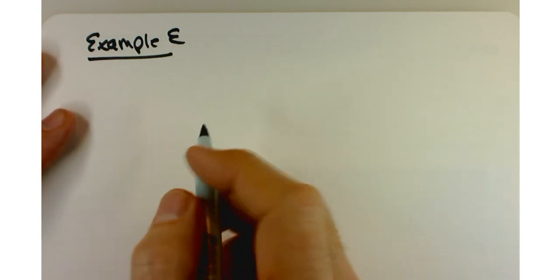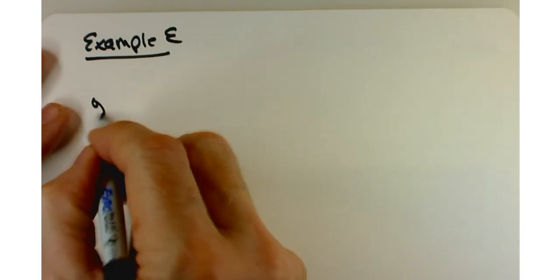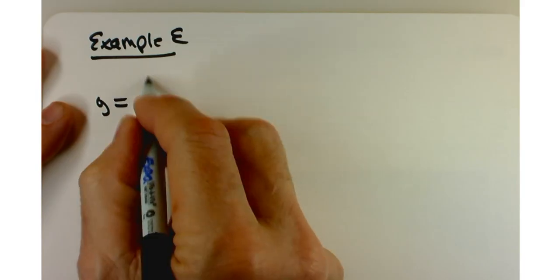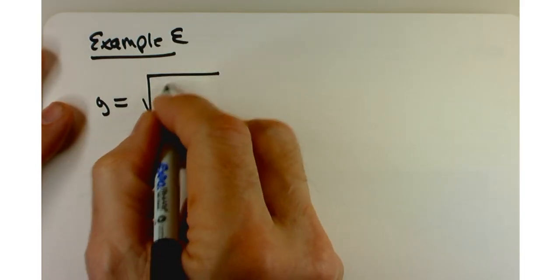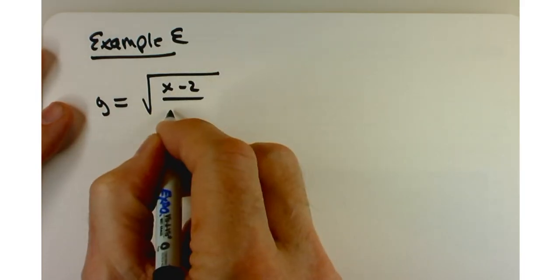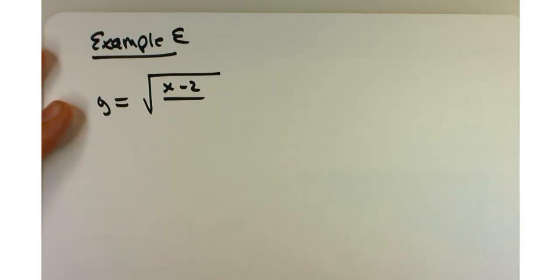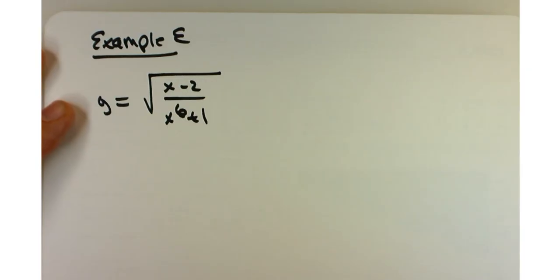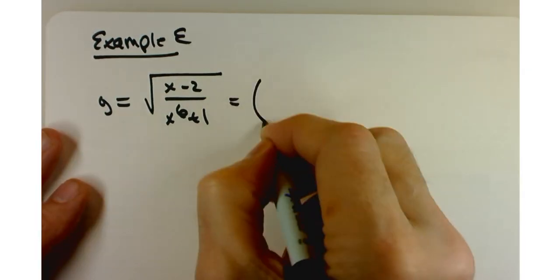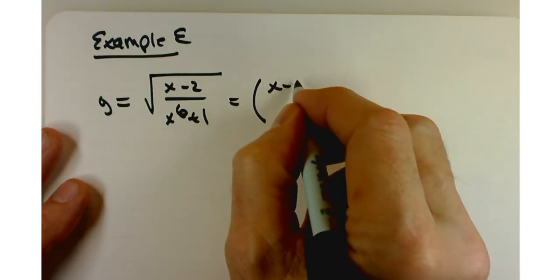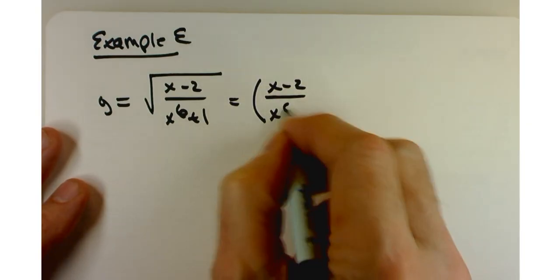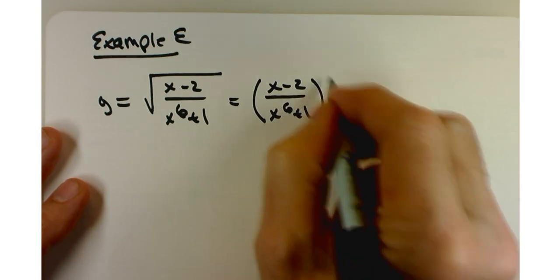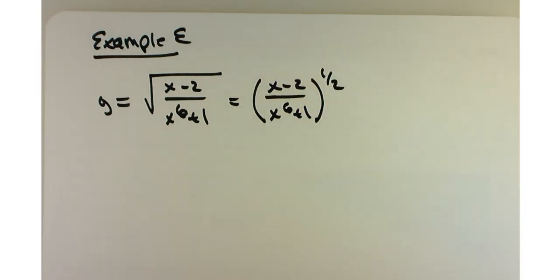So example E, we've got y equals the square root of x minus 2 over x to the, is that 6th? x to the 6 plus 1. Personally, I would start out by writing this as x minus 2 over x to the 6 plus 1, all raised to the 1/2.